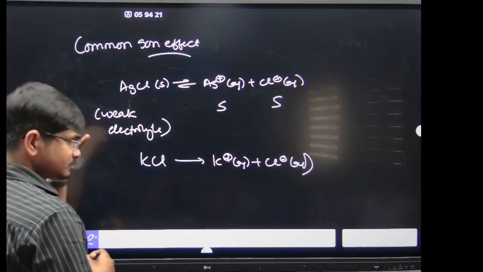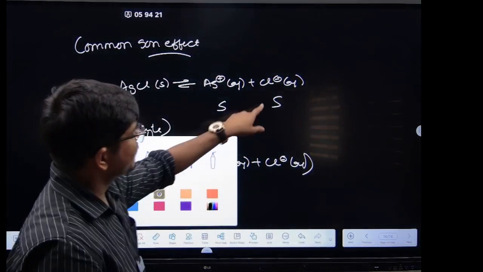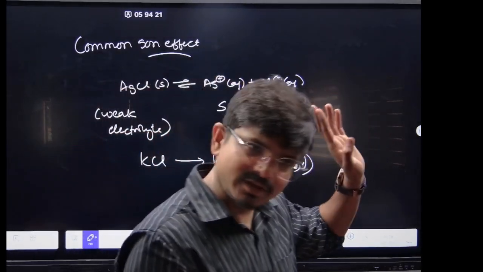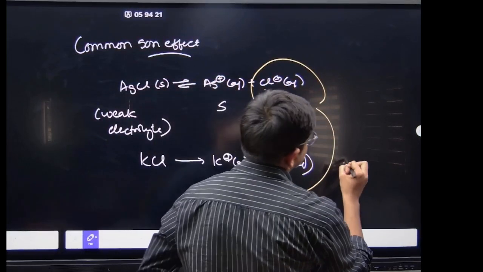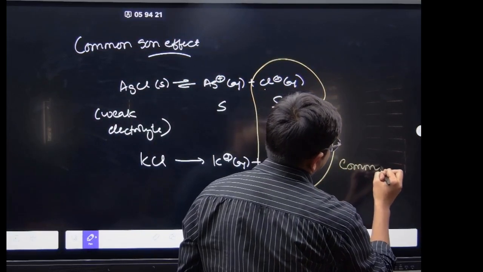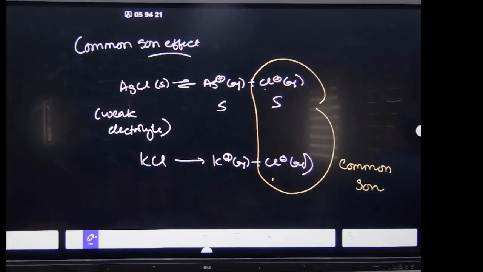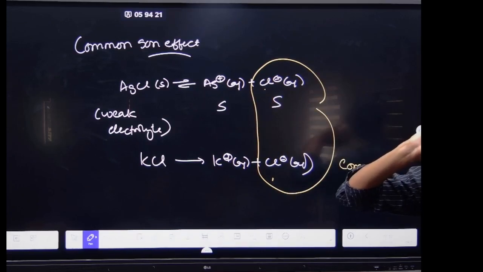Now see here. The concentration of Cl minus has been increased, right? This is the common ion. So as the concentration of Cl minus increases, the reaction will go backward.